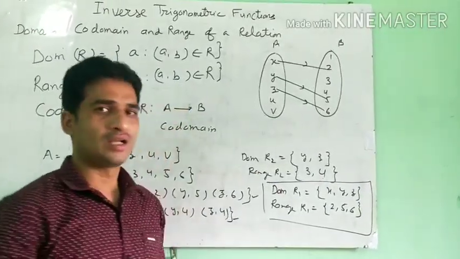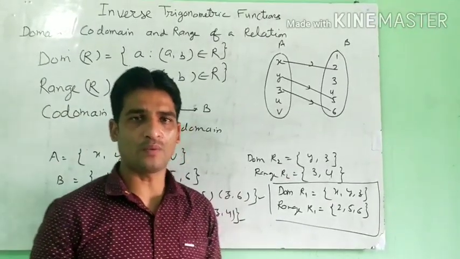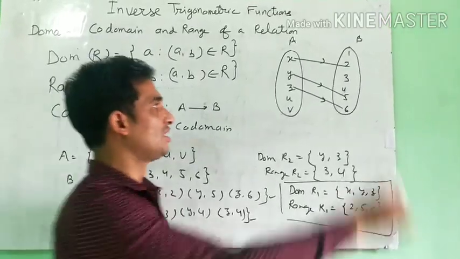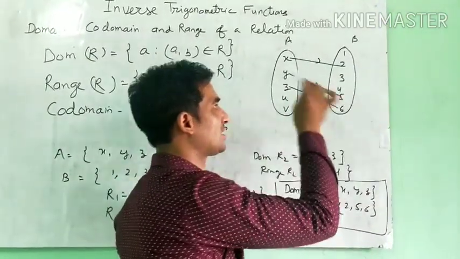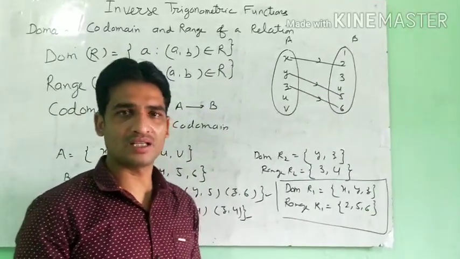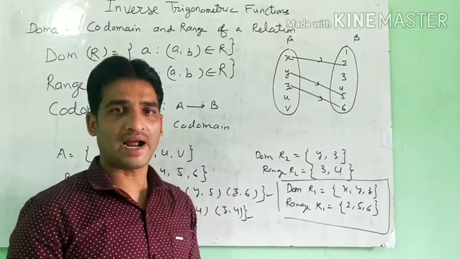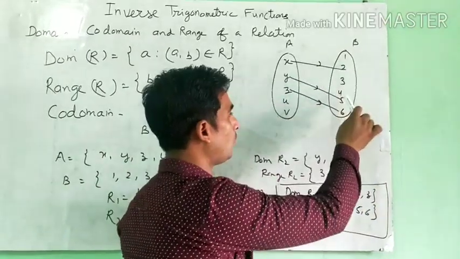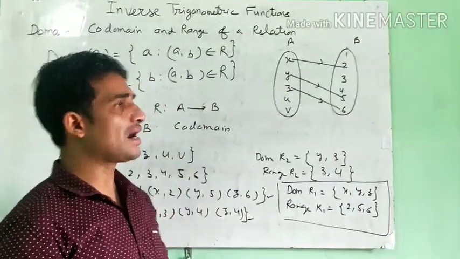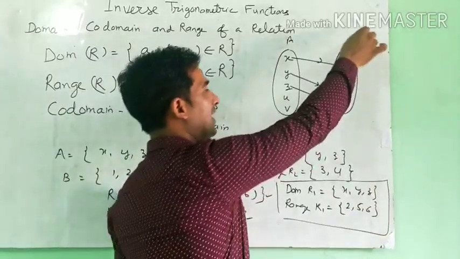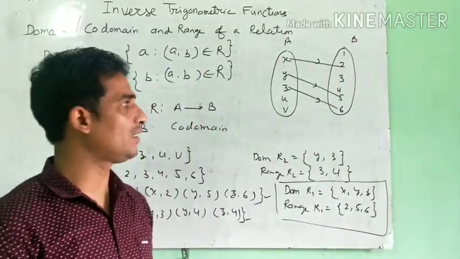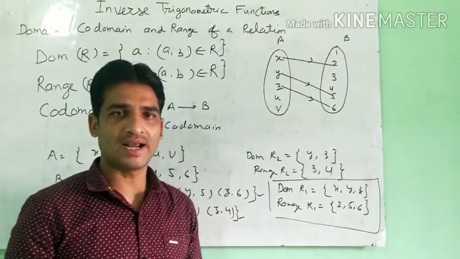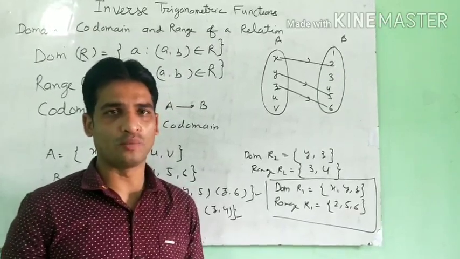And there is another definition of range: range is the set of all images, that is 2, 5, 6, the elements on the right-hand side of the arrow. R is a relation, so the entire set B, that is 1, 2, 3, 4, 5, 6, belongs to the codomain.